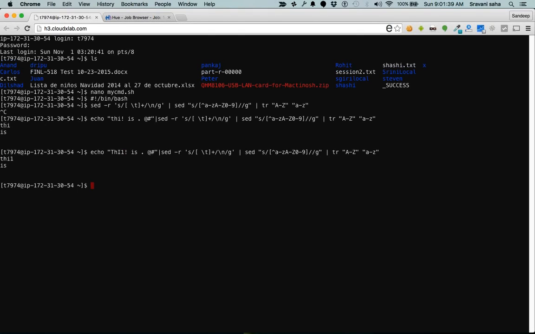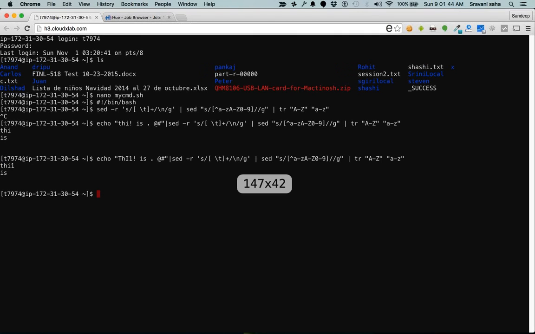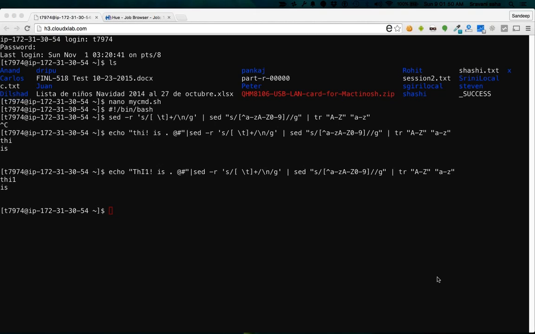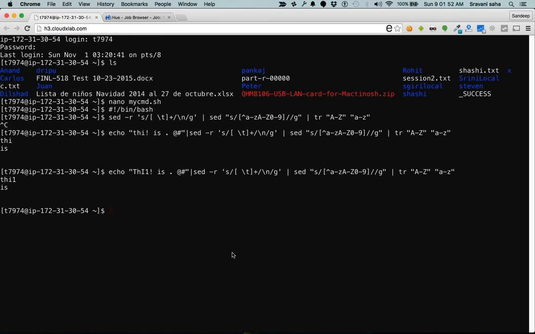The first command is the usual, replacing space with tabs. Second is to replace non-alphanumeric with nothing, meaning deleting it. And then translating capitals to lowercase. The tr command translates.